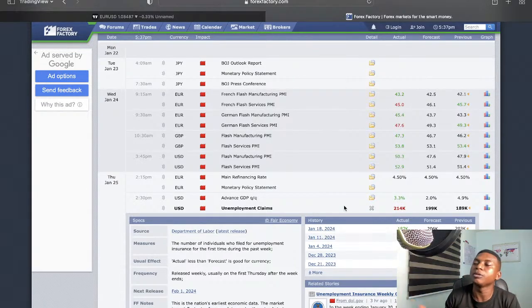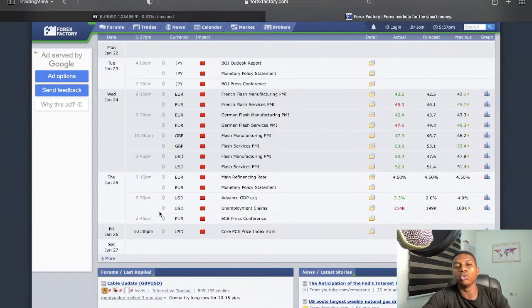Of course, the more the unemployment, the lower the circulation of money. So it gave a very bad signal, which is going to weaken the dollar.